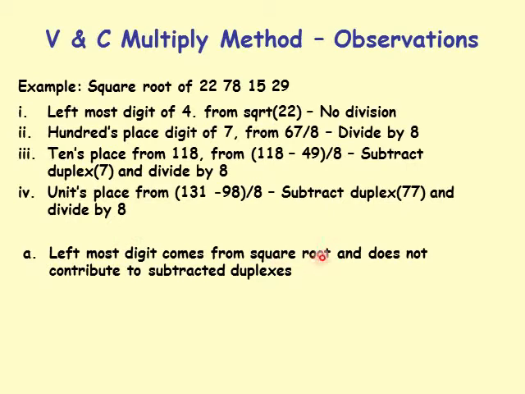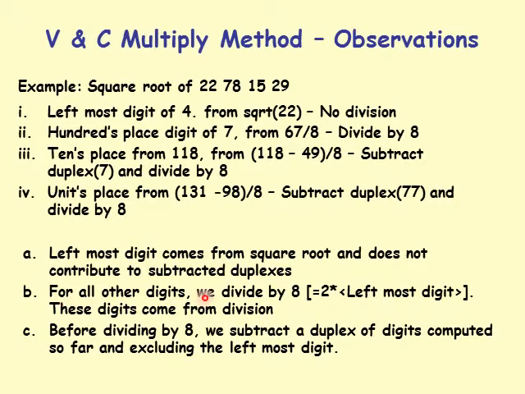The leftmost digit comes from the square root and does not contribute to subtracted duplexes. So we don't use 4 in any of the subtractions here. For all other digits, we divide by 8, which is equal to twice the leftmost digit. These digits come from division. So the first digit 4 came from the table of squares, and the rest of them need a division.